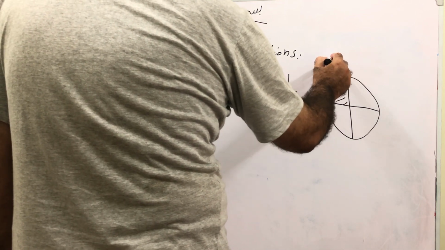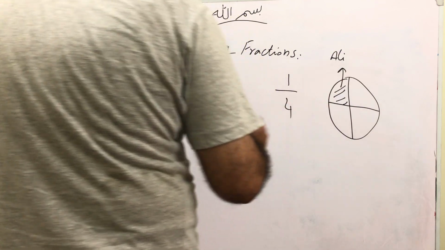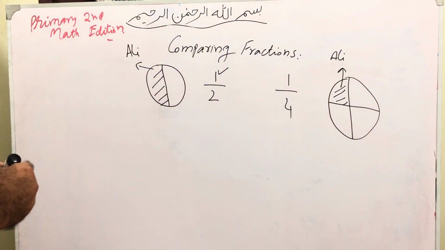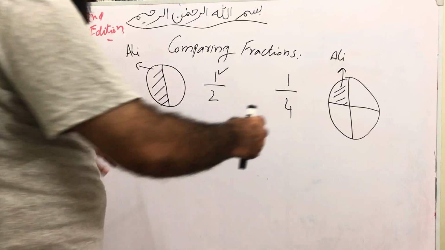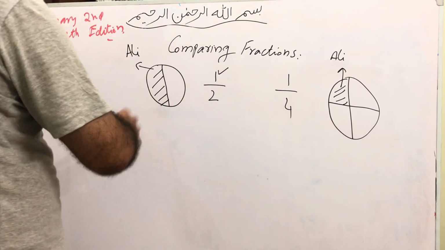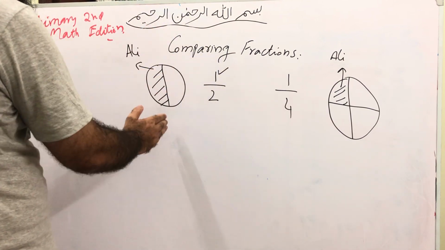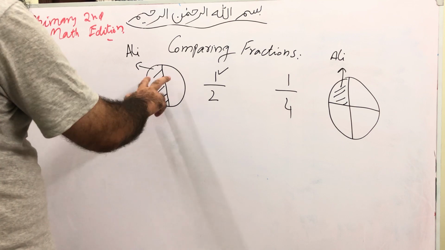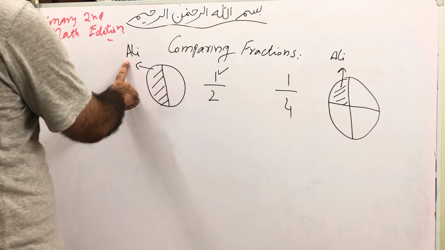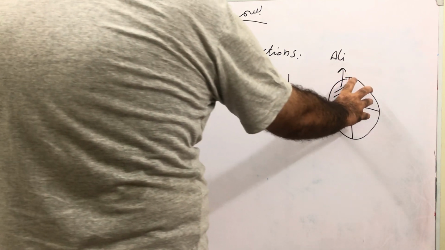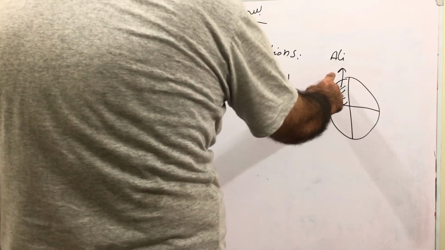This is Ali's part. Now you can see, for the same size of pizza, if we cut it into 2, there are only 2 parts and Ali gets 1 part. If we cut it into 4, Ali gets 1 part.